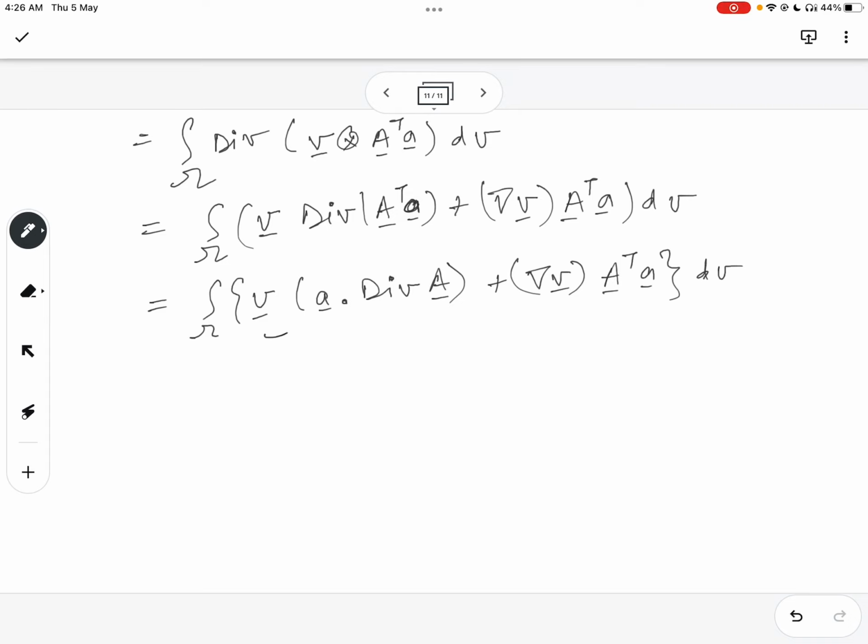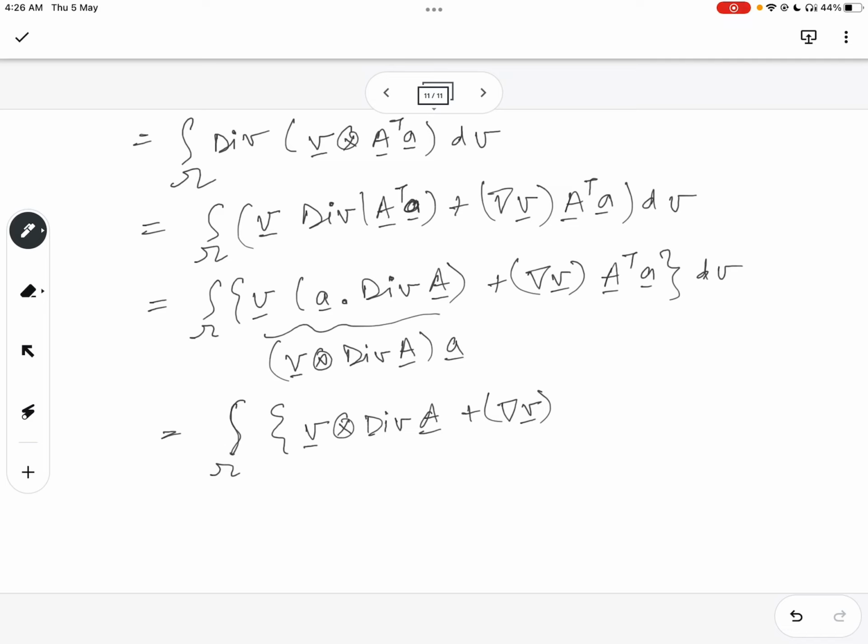Now this can be written as v diadic divergence of A acting on a. Therefore, the whole thing becomes v diadic divergence of A plus del v acting on A transpose, on a dV.